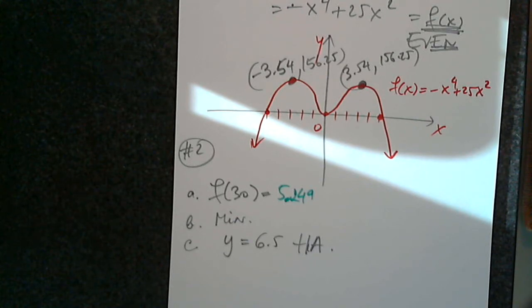Okay, minimum. Left bound 0, right bound, that's good.